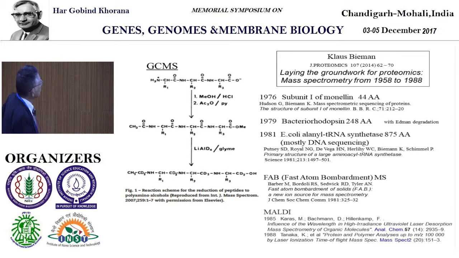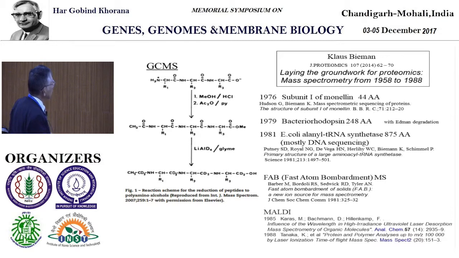But then he went on to sequence E. coli alanine tRNA synthetase. I think Dr. Söll's name was mentioned in this description. He was somehow instrumental in providing, I think, protein samples.